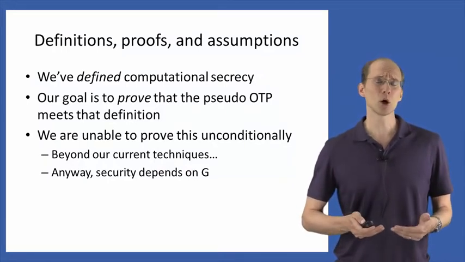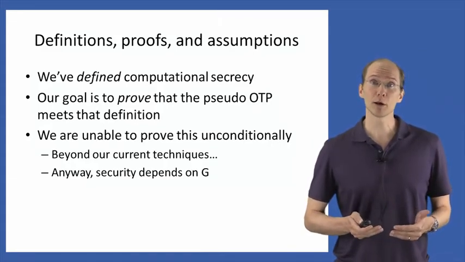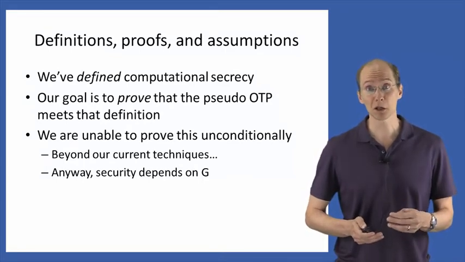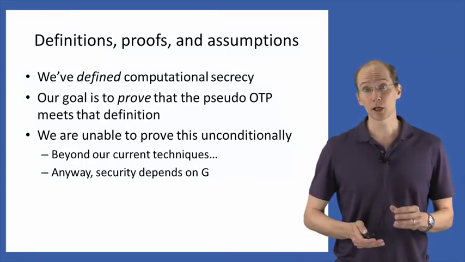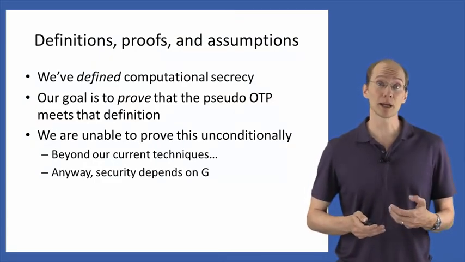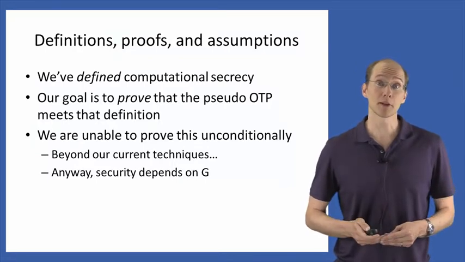So we can't really hope to claim anything about the pseudo one-time pad in general unless we know something about the particular G that we use to instantiate the scheme. So security of the pseudo one-time pad must depend somehow on what particular function G we plug in, or what properties that function G has.